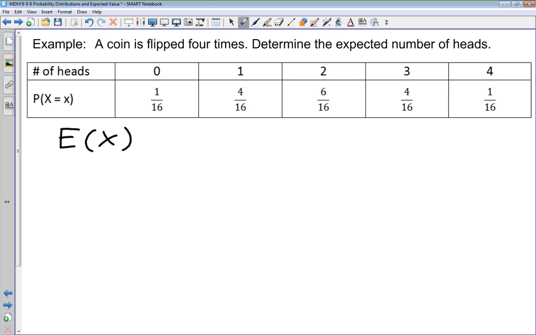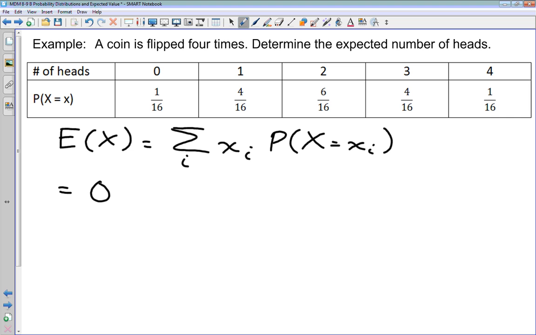We are going to use the formula from the last page for expected value. Sum over all of the values multiplied by the probability of these values. What is our first value for the number of heads? Our first value here is 0.